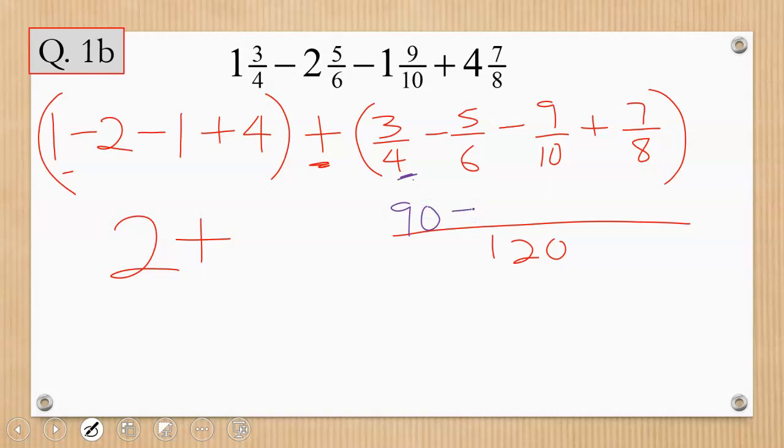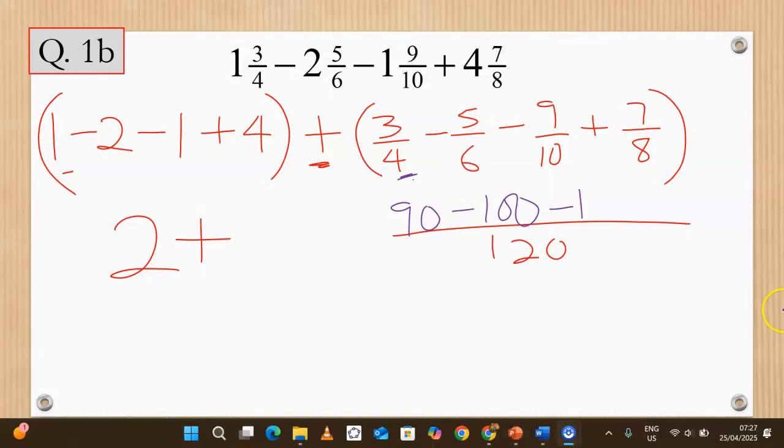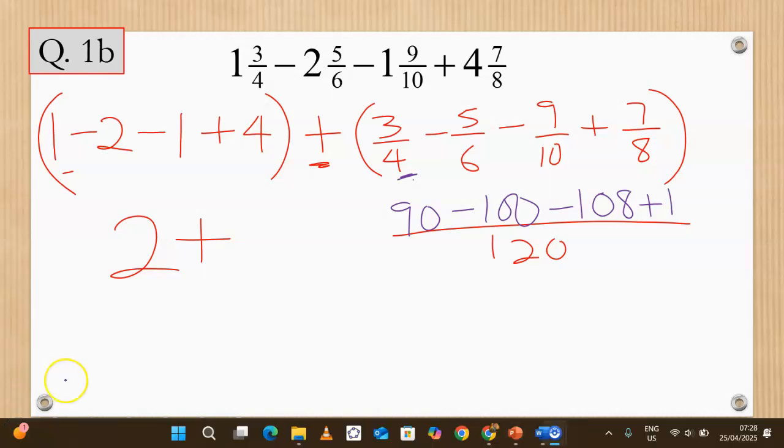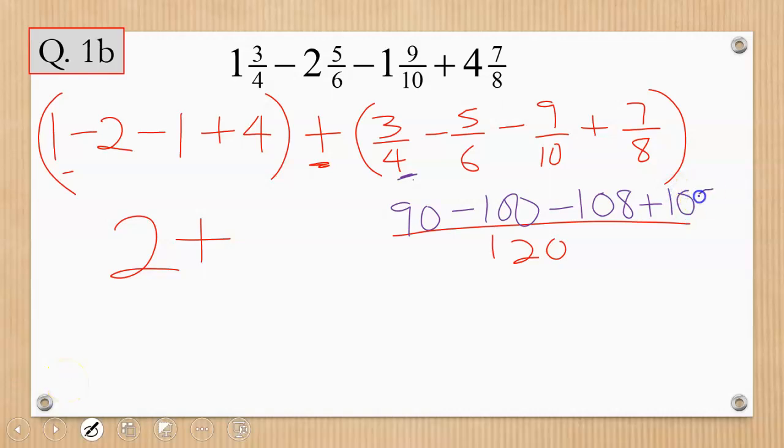Minus, 6 divides 120 as 20, and 20 times 5 gives us 100. Minus, 10 divides 120 as 12, and 12 times 9 gives us 108. Then 8 divides 120 as 15, and 15 times 7 gives us 105.